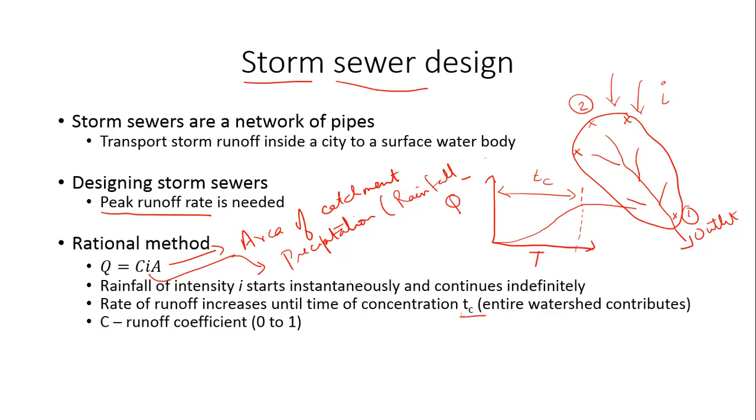So usually, if you look at a relatively large watershed, the typical range of values, I would say, is somewhere from 0.2 to maybe 0.8.